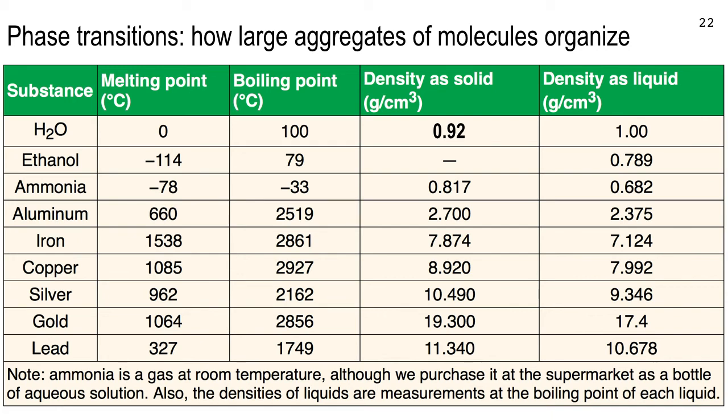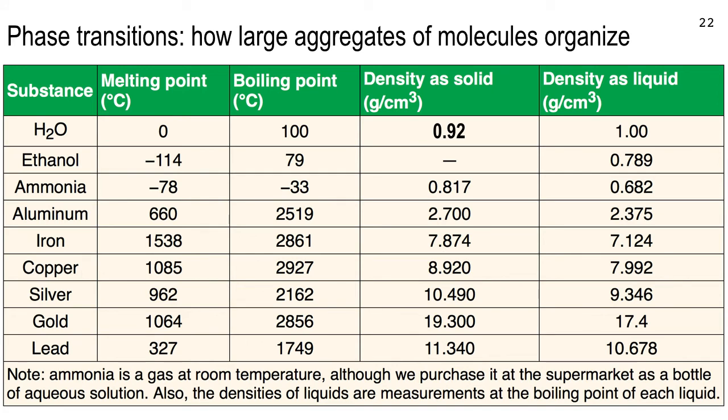So let's look at this. 0 and 100 for melting point and boiling point on the Celsius scale. We already know about that. Check out ethanol here. The melting point is negative 114 Celsius. That's really cold. So ethanol has to get really, really cold before it'll freeze.